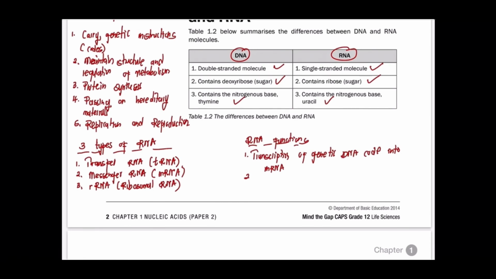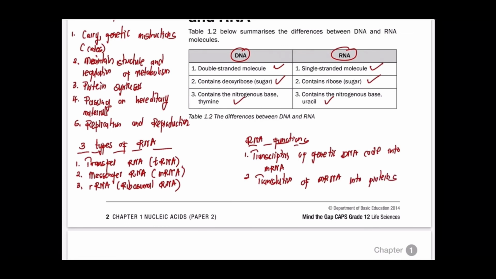it basically forms a code, which is also called a codon, which consists of 3 nitrogenous bases, but you will learn more about it in protein synthesis. And secondly, it's responsible for translation of mRNA into proteins.